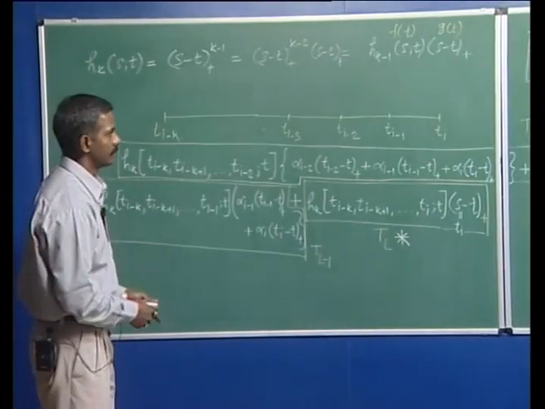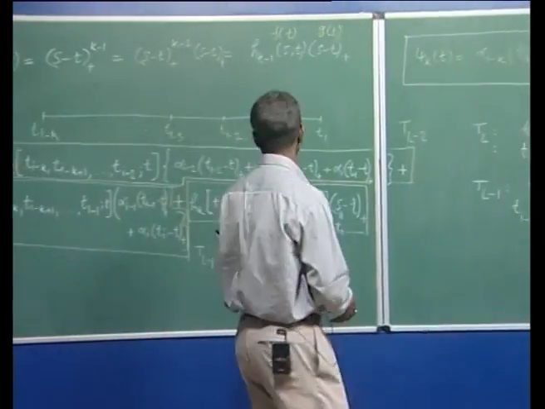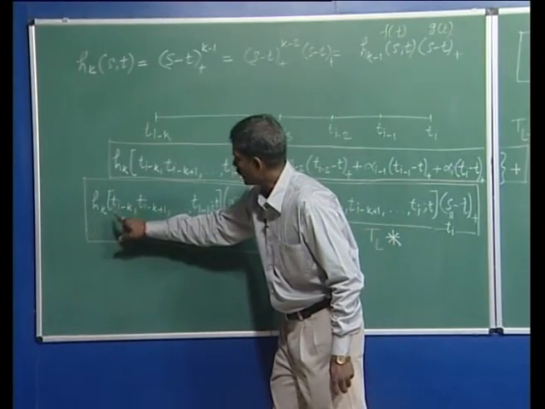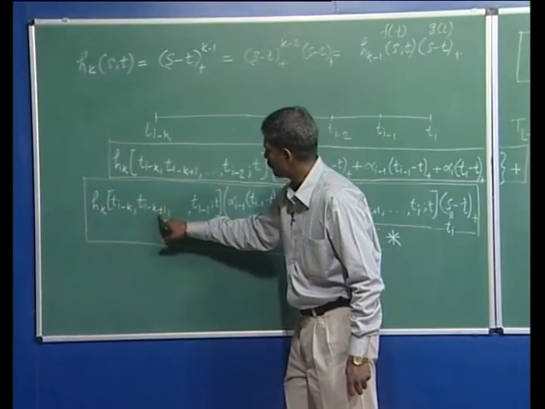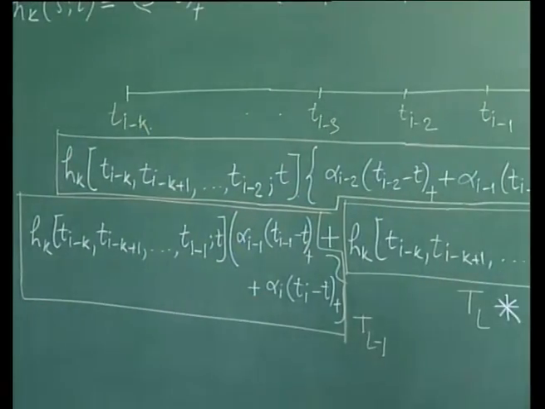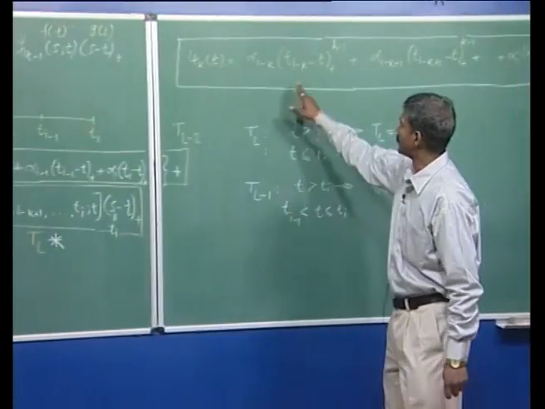And let's verify that. So h_k(t_i-k, t_i-k+1, up till t_i-1; t) will be very similar to this expression here.